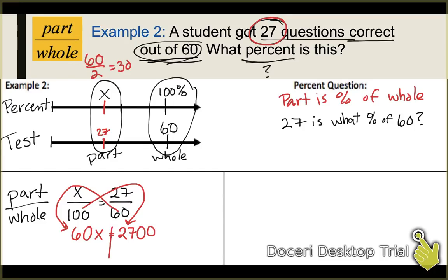At this time, I need to multiply each side by the multiplicative inverse of 60, which would be 1 over 60. I'm going to multiply that each side, and I get x is equal to 2700 over 60. Alright, and if I put that in the calculator, I get 45%.